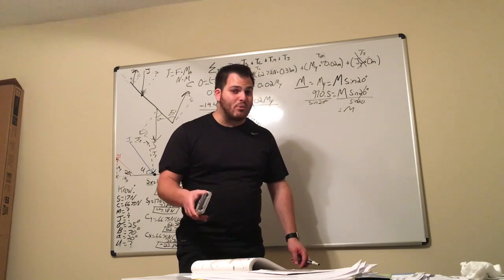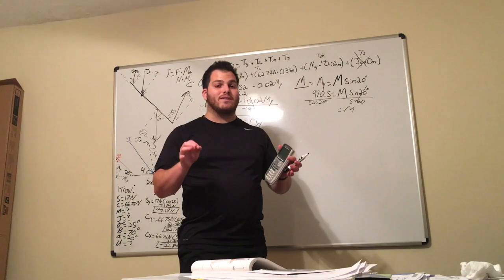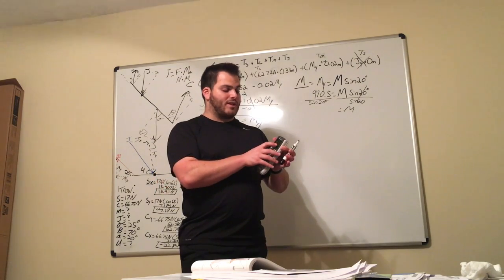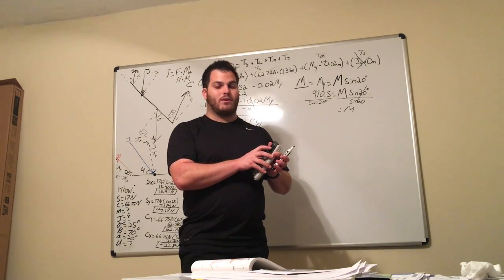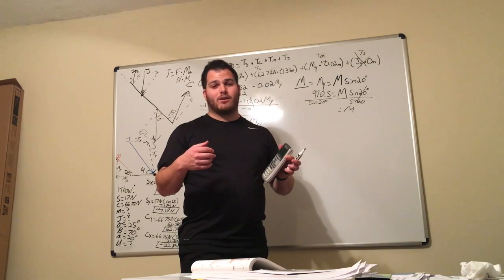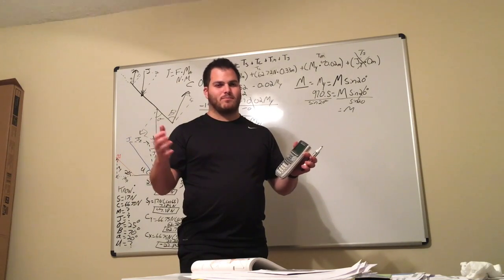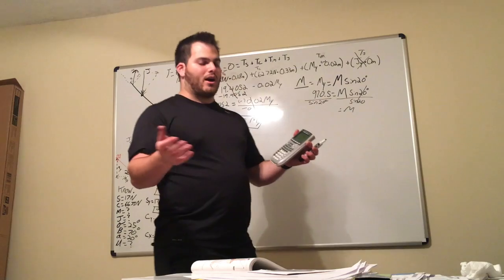What the textbook did is they rounded sine of 20 degrees to just 0.34. On a test, I'm not going to do that. That's ridiculous because you wouldn't want to round that.